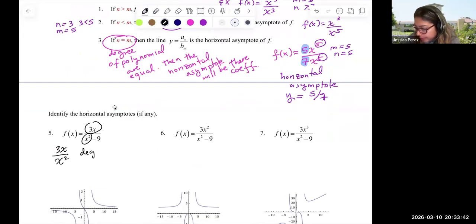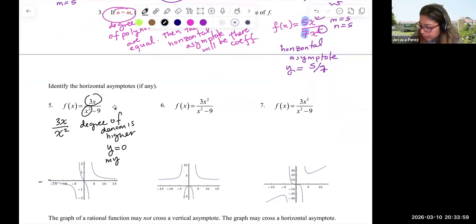The degree of the denominator is higher. So then it's going to be y equals 0, my horizontal asymptote. So notice that here at y equals 0, I will have a horizontal asymptote.